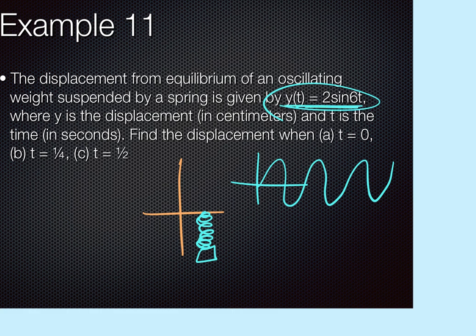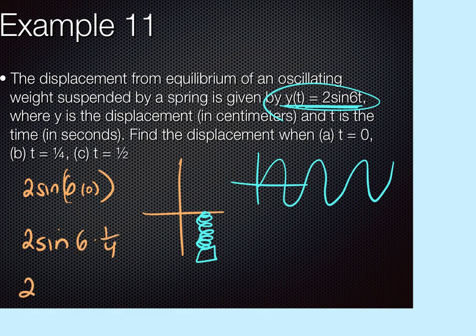They gave it to you. What you do need to know is how to type that into a calculator, because all it says is find the displacement when A, t is 0, B, t is 1/4, and C, t is 1/2. So I'm literally going to type in the calculator 2 sine of 6 times 0. Then 2 times the sine of 6 times 1/4.